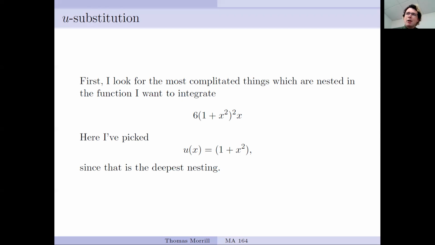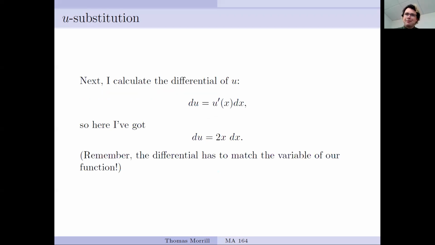Once I've selected my u, I also need to calculate the corresponding du. So the formula I use for that is that du is the derivative of u in terms of x times dx. So this formula governs the exchange rate between my differential in x and my differential in u. So what is the derivative of 1 plus x squared? It's 2 times x.